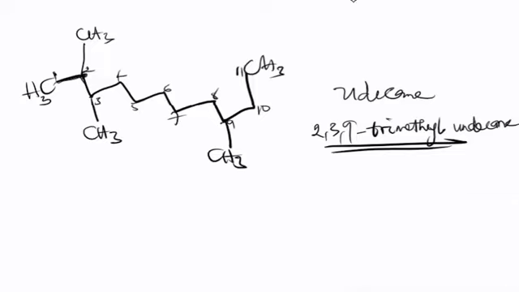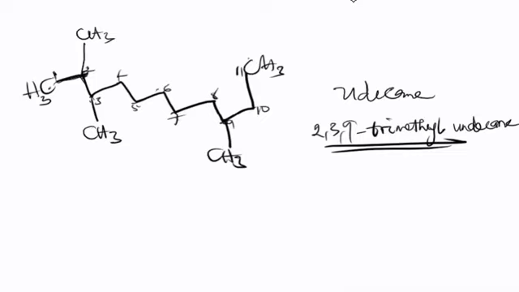This is very much interesting. But if I had named from this point, if I had named 1, 2, 3, 4, 5, 6, 7, 8, 9, 10, 11, this would have been 3, 9, 10 trimethyl undecane, which is wrong.